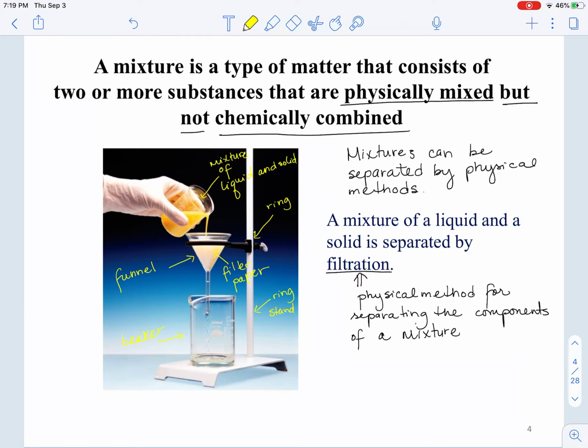In the process of separating it through filtration, understand that specifically, and I'm just going to label it in different colors, the liquid is going to pass through the funnel with the filter paper and be collected in the second beaker. And then the solid content is going to be retained in the filter paper. So again, this is one of the techniques that is utilized in order to separate this type of mixture. But understand that there's many more and will be explored in the lab.